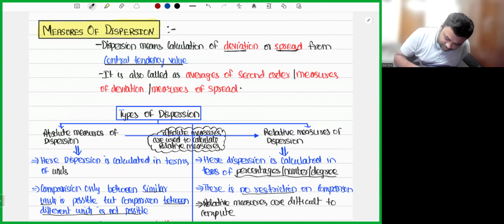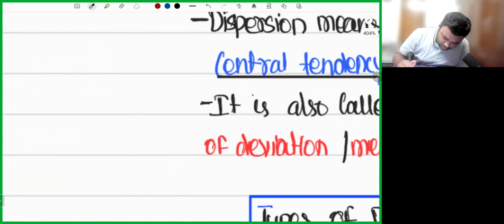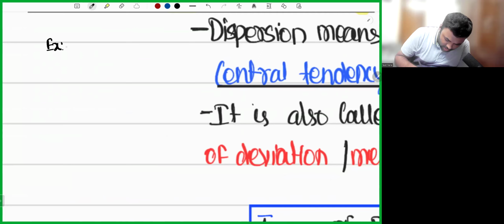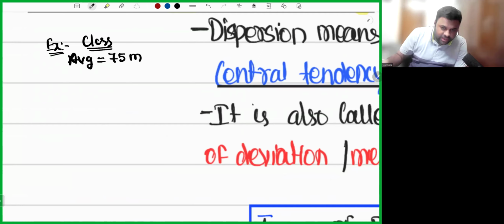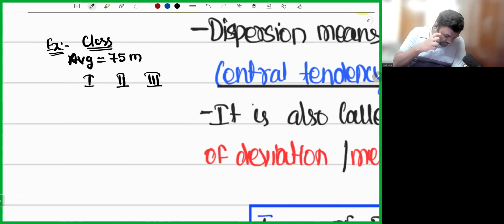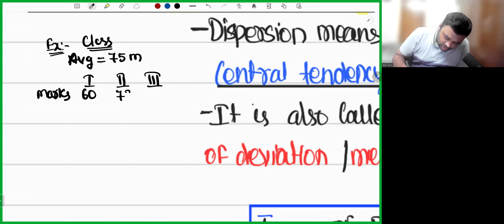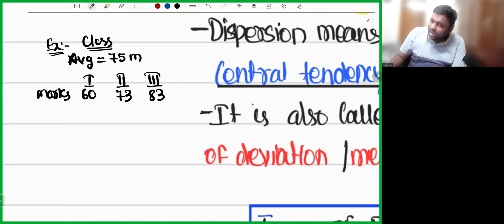Like, for example, I have calculated the average, that is mean. In a class, the average came to 75 marks. I'm having 3 students: student 1, student 2, student 3. Now, the marks scored by them: student 1 scored 60, student 2 scored 73, student 3 scored 83.